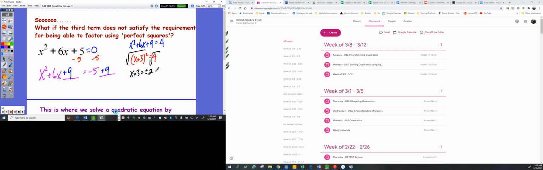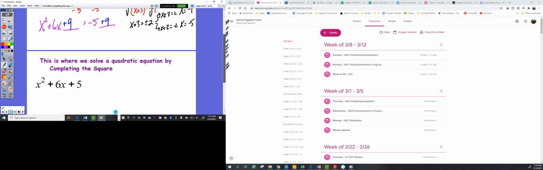So my two conditions get created. X plus 3 equals positive 2, and x plus 3 equals negative 2. So in this case, x equals negative 1, x equals negative 5. Okay? That's how we do the solution for this using completing the square.